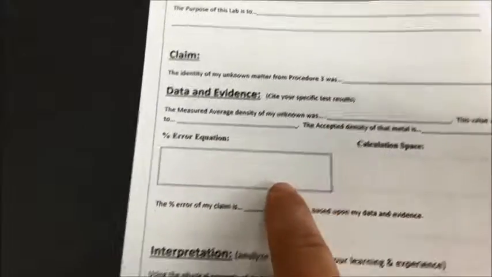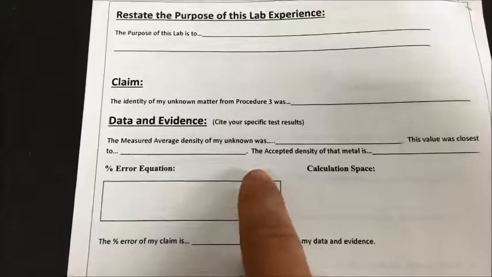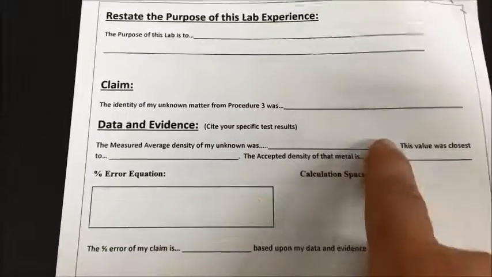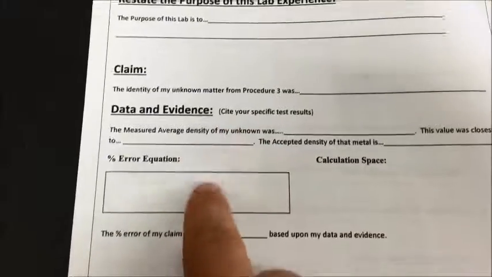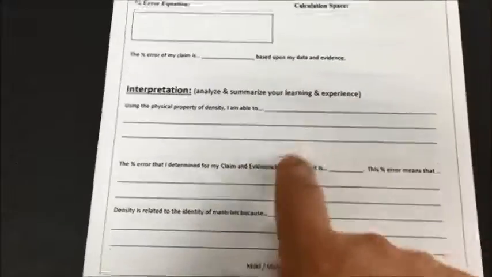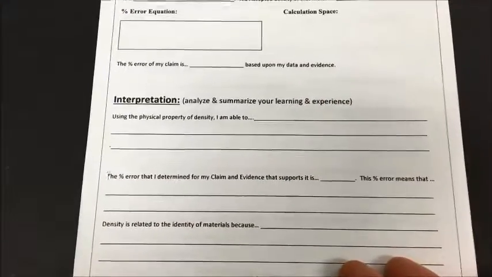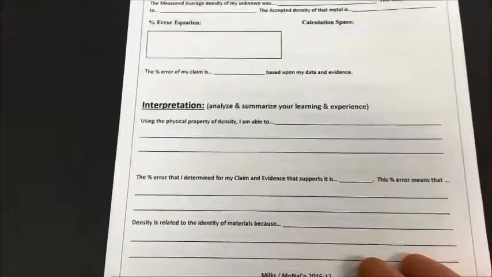So this is going to be a calculation based upon what you should have gotten. You can check with me, the teacher. I'll tell you what you should have gotten for your average density of the unknown. You do a percent error to see how close you were. Last, you do an interpretation, which is to fill out the sentences to basically build up a paragraph that supports your work on this particular lab.